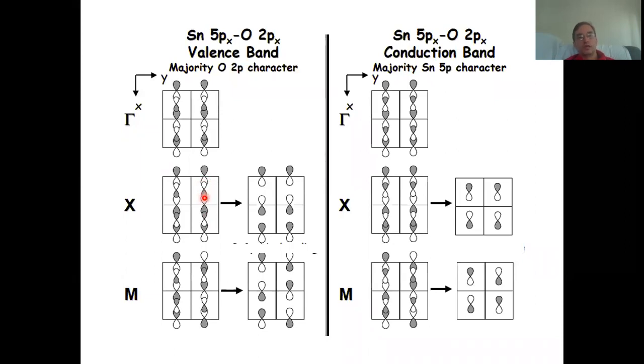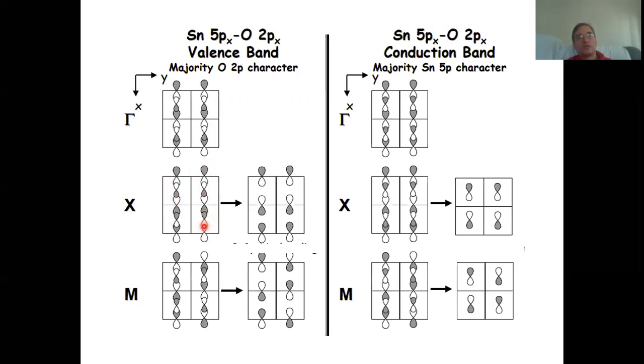So what bonding situation results from that? So you see that here we have bonding interactions. Here we have interbonding interactions. Here we have bonding interactions. Here we have interbonding interactions. So the same over here. Here we have bonding, here we have interbonding, here we have bonding, and here we have interbonding.